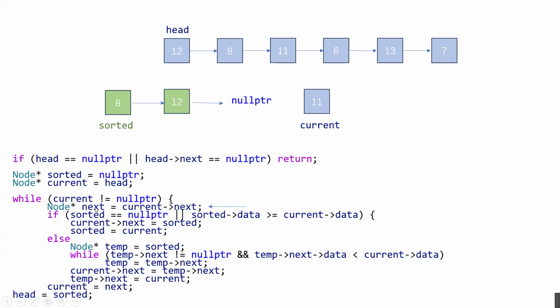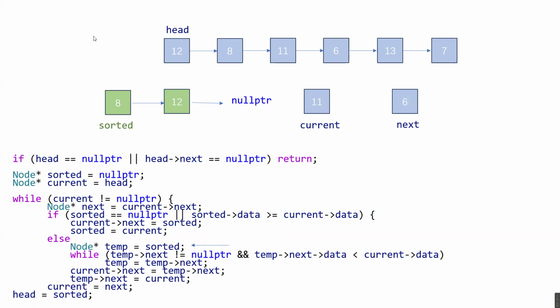We need to create a next to record the current's next, right? Current next should be 6, this one. So the sorted is not equal to a null pointer, right? So we check whether the sorted data is greater than the current data. This one is not greater than the current data, so we just jump to the else, to this line.